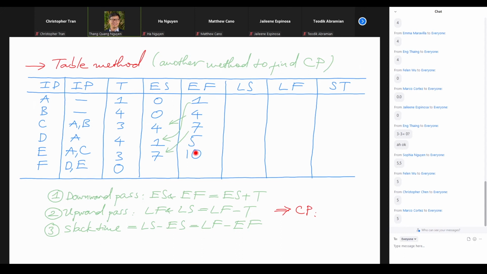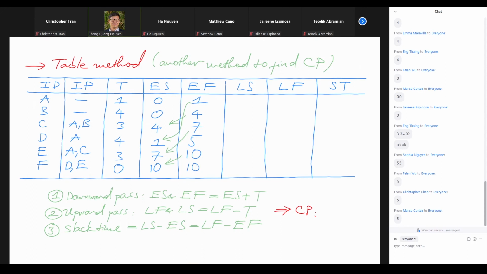So obviously we have to choose 10. Otherwise, we will have a time conflict with E. So we choose 10 so that we can accommodate E. It's like we wait long enough for both D and E to be finished and then we can start it right away. So we have that 10 because of that 10. And we go forward by 0 weeks, so 10 plus 0, then we have 10.